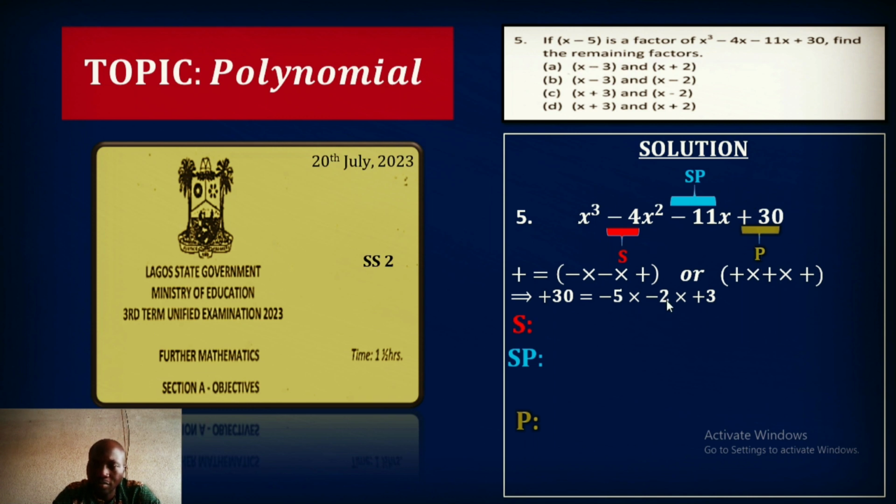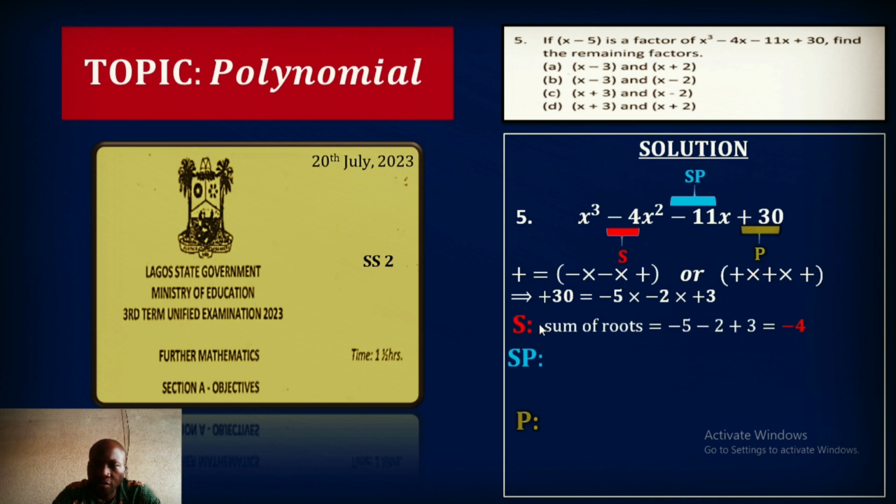And those two numbers should be minus 2 and plus 3, and that satisfies the very first method, which is to split this plus 30 into three products of its factors. So to the next line of solution.